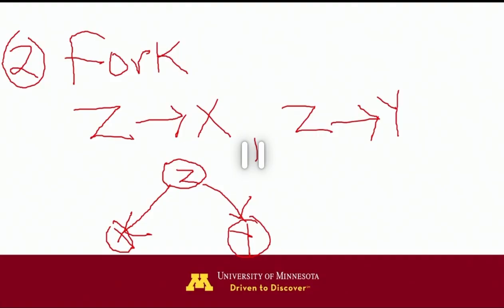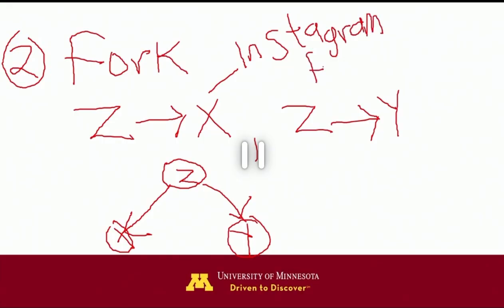X is the Instagram followers. The marketing campaign could bring traffic to your Instagram, right? And let's say Y is sales.